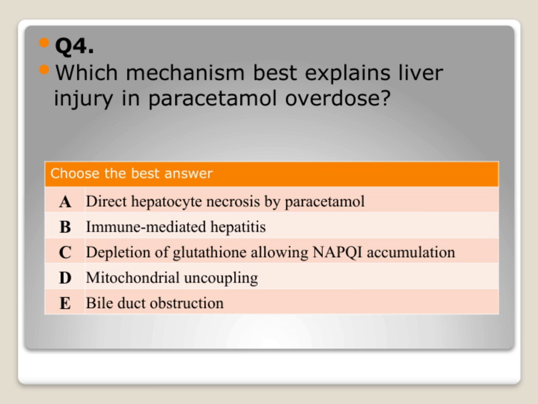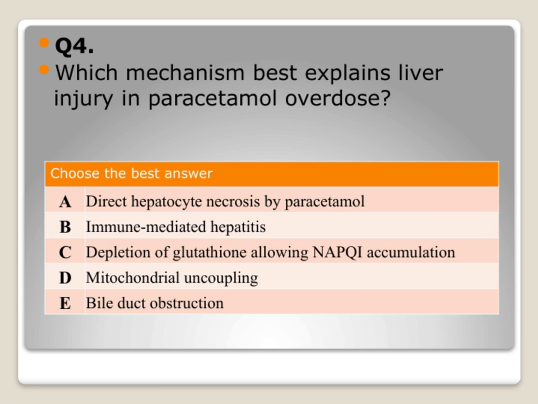liver cell injury. Option D mentions mitochondrial uncoupling, which is more relevant in other toxicities, but not the primary mechanism here. Option E talks about bile duct obstruction, which is characteristic of cholestatic injury, not typical of paracetamol toxicity. So the most accurate answer is C, depletion of glutathione allowing NAPQI accumulation.